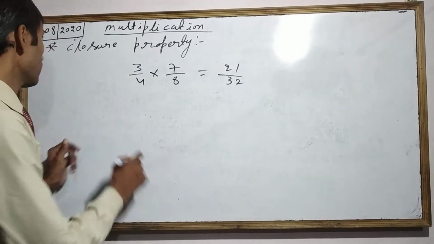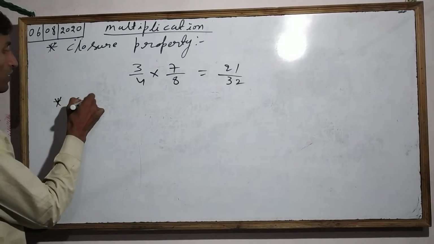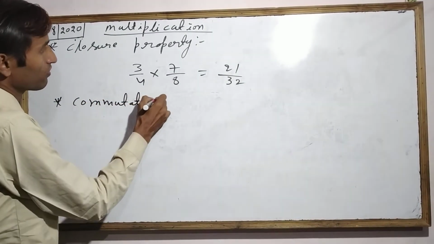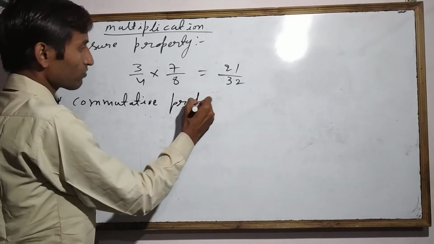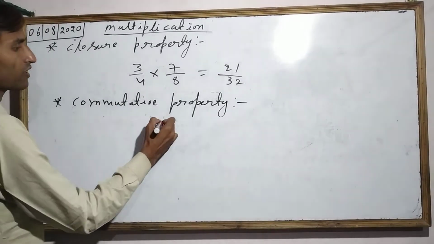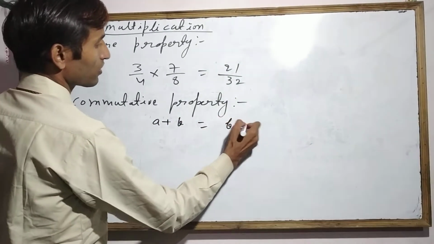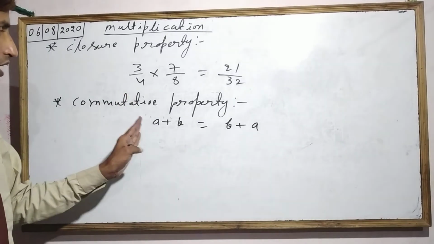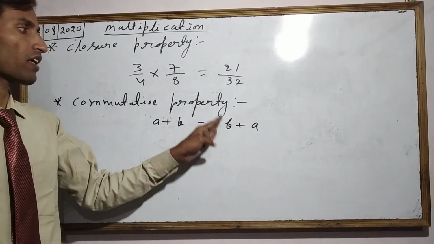Now the second one is the commutative property. In the commutative property, a plus b is equal to b plus a. If two rational numbers are given, first I add a plus b, then b plus a.